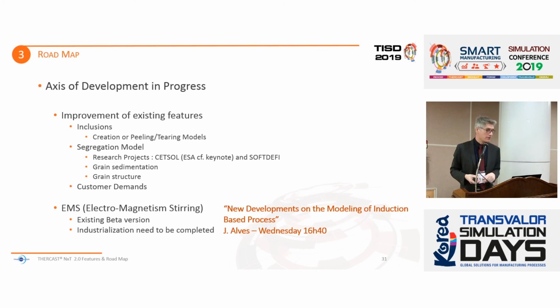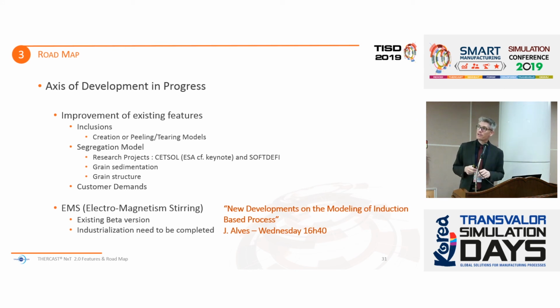Slag in continuous casting creates inclusions due to the turbulence of the fluid flow in the primary cooling. So that will also be possible in the future. We are still working on the segregation model in order to take into account especially the grains' impact on the result.